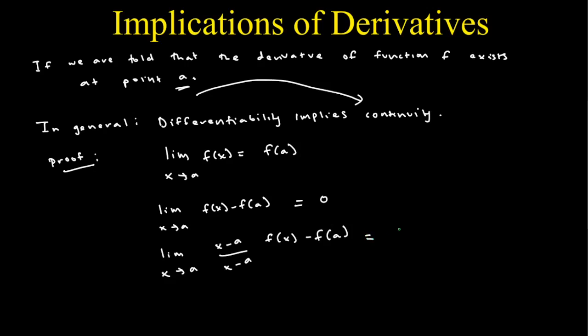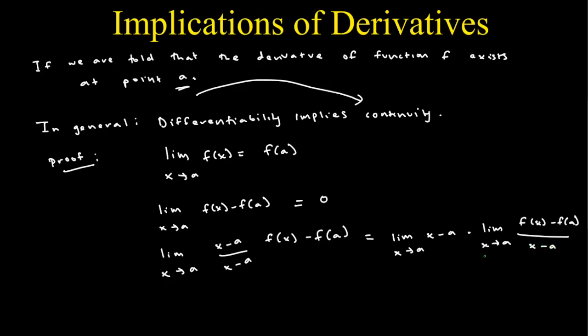And then now what we can do is write this as limit as x tends to a of x minus a, times limit as x tends to a of f of x minus f of a divided by x minus a.